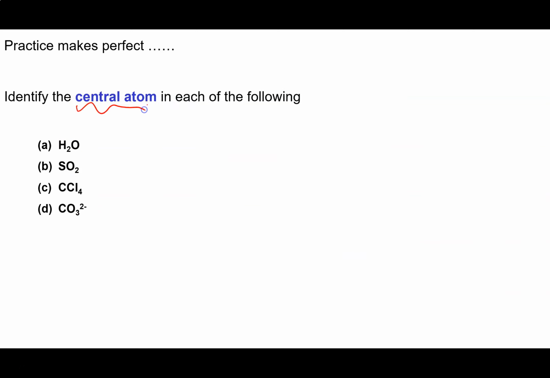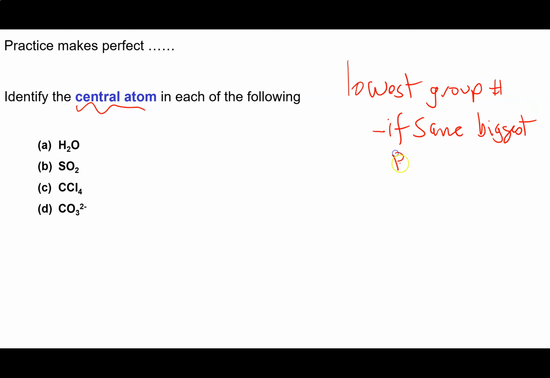When it comes time to identify the central atom, you've got to go with the lowest group number. And if it's the same group number, it's the biggest period, or the highest period. The other rule that we had is hydrogen is always an outer atom.